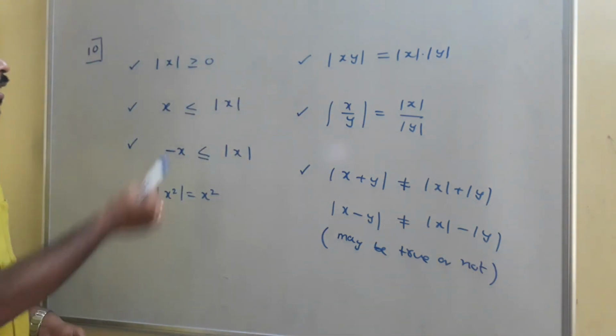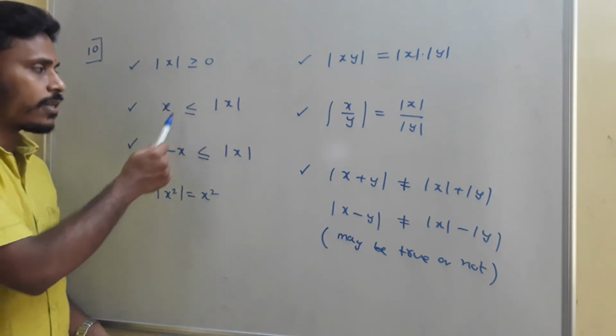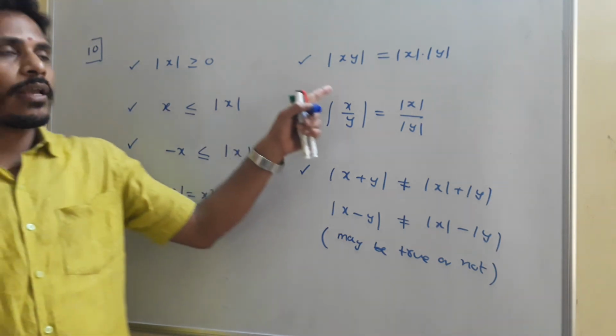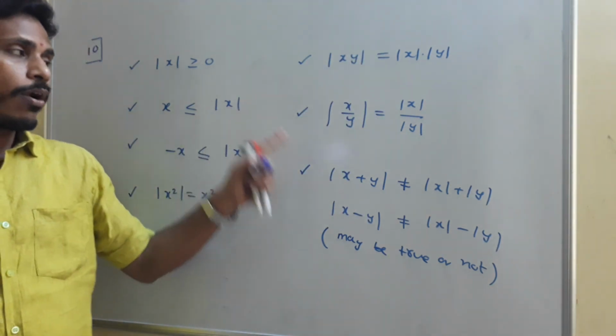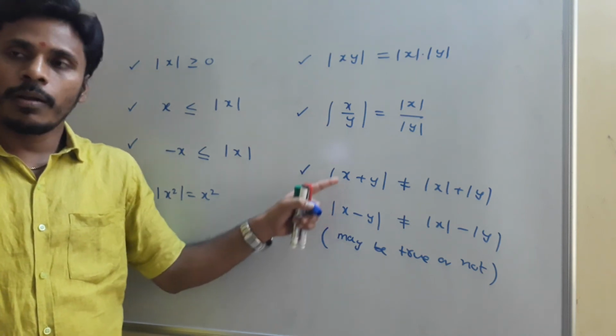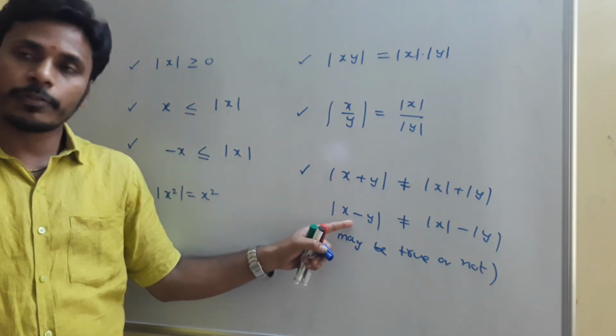Once again, mod x is greater than or equals to 0, x is less than or equals to mod x, minus x is less than or equals to mod x, mod xy is mod x into mod y, mod x by y is mod x by mod y, and we are going to think about mod x plus y and mod x minus y.